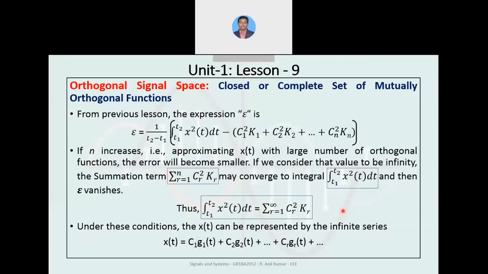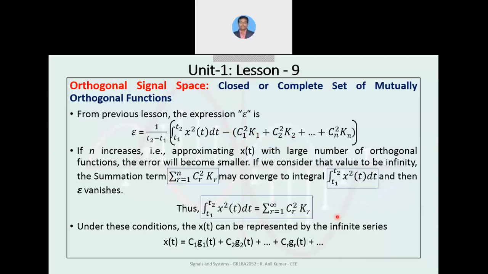So if we consider the value of n to be infinity, the summation term may converge to an integral. Means the summation term needs to be rewritten as the integration term, and then the epsilon value diminishes. Hence epsilon will become 0, and the resultant expression will be integral t1 to t2 x square of t dt equals summation r equal to 1 to infinity cr square kr.